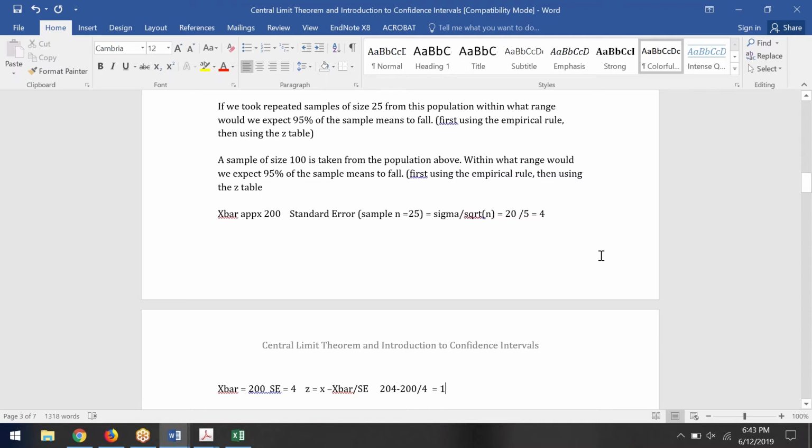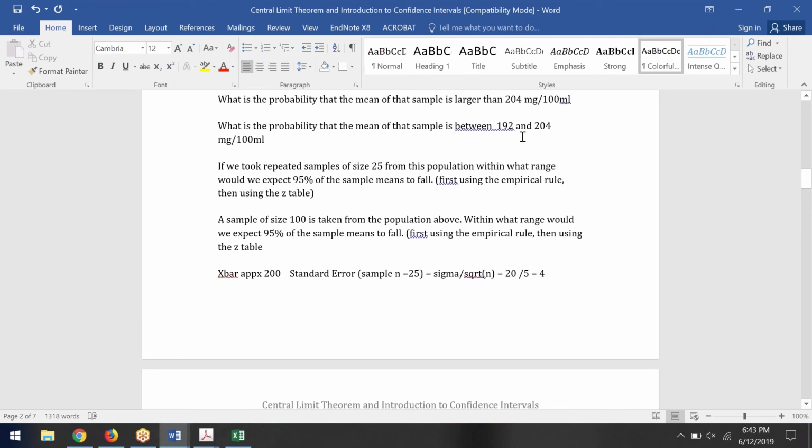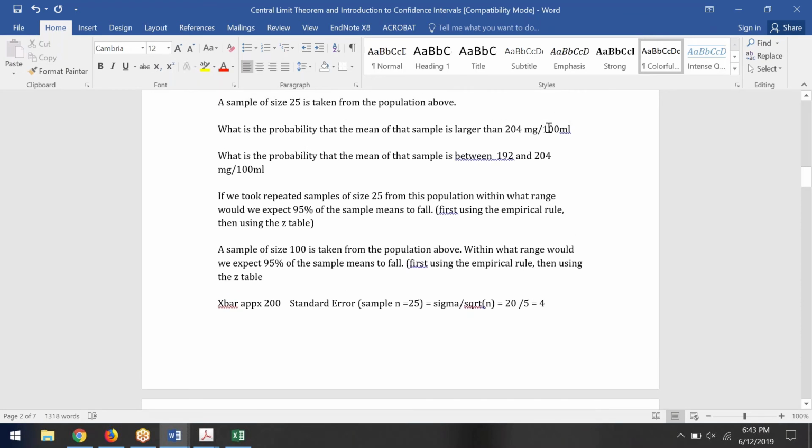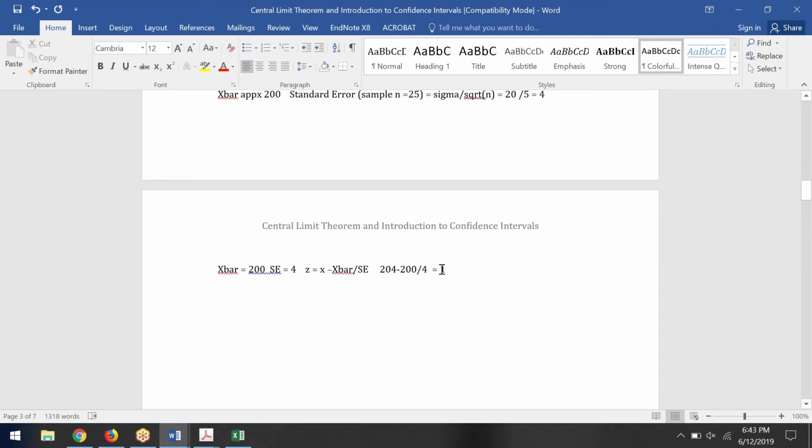So what's the probability that we would get a mean that's more than 204? Well, I'm going to use the empirical rule here. This is a standard deviation of 1. So the probability that I would get a value between one standard deviation above the sample distribution mean and one standard deviation below it is 68%.